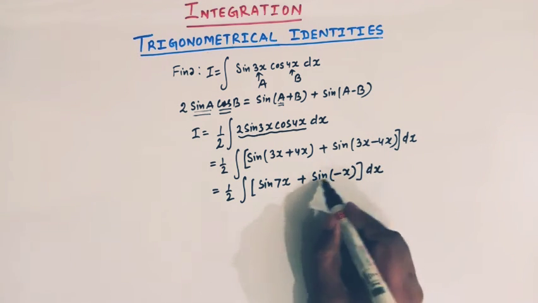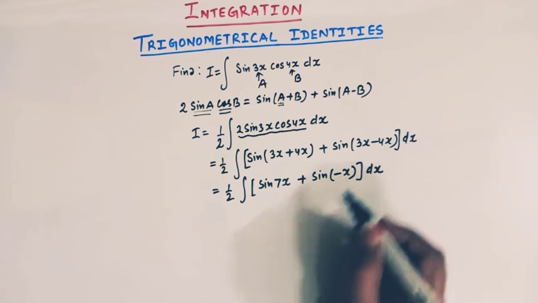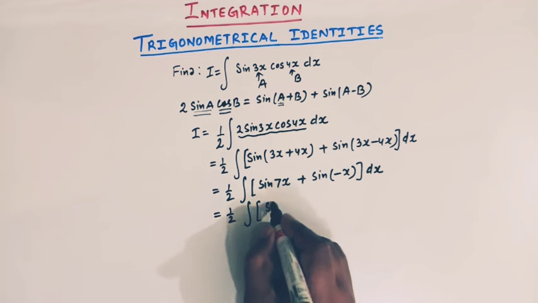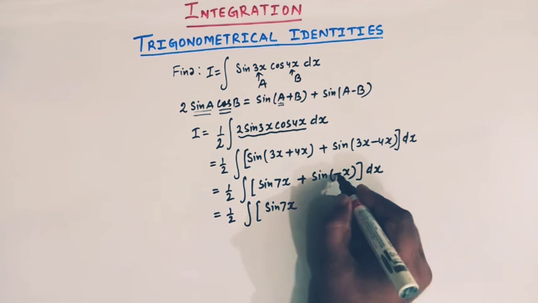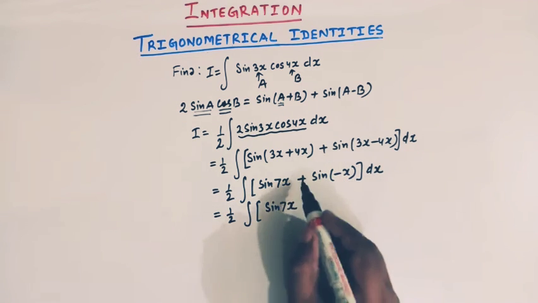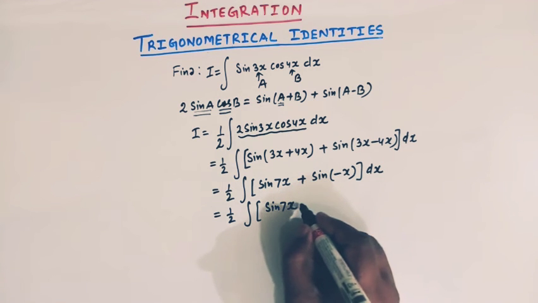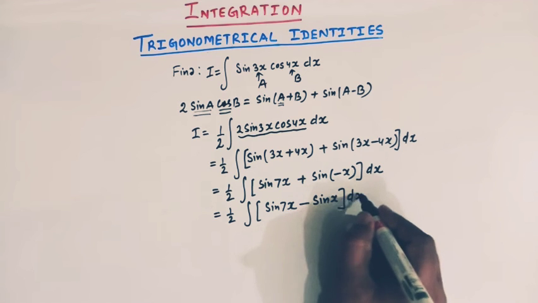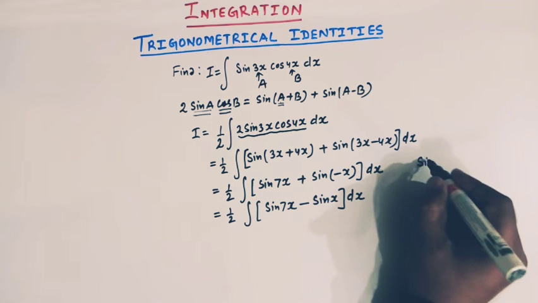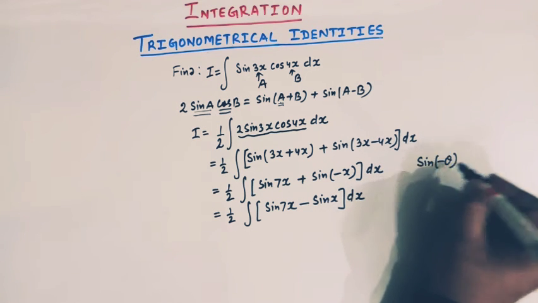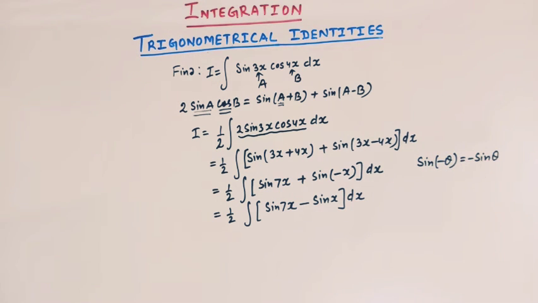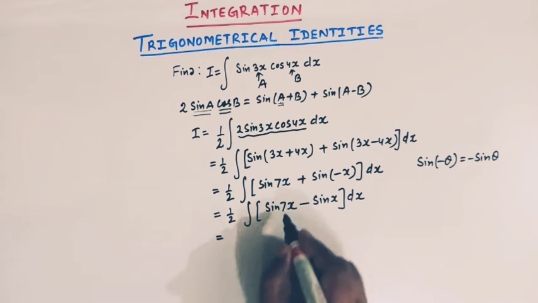Now this sine of minus x can be written as sine 7x, and taking this negative sign in front of sine, so we have minus sine x, right? Because we know that sine of minus theta is equal to minus sine theta, right?